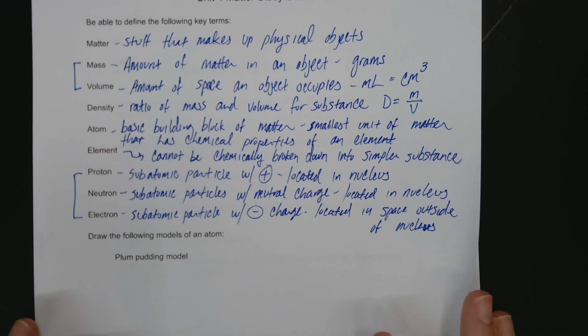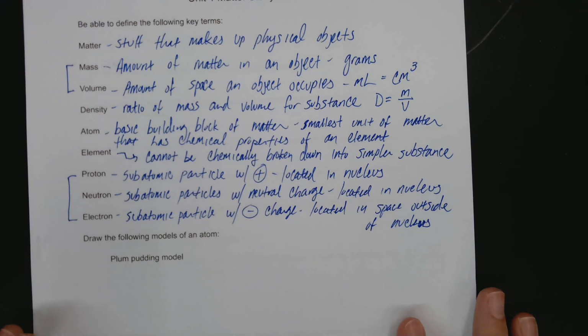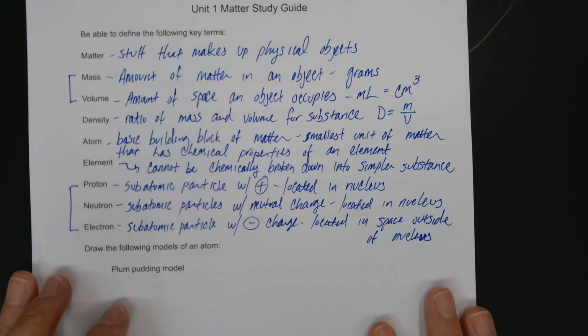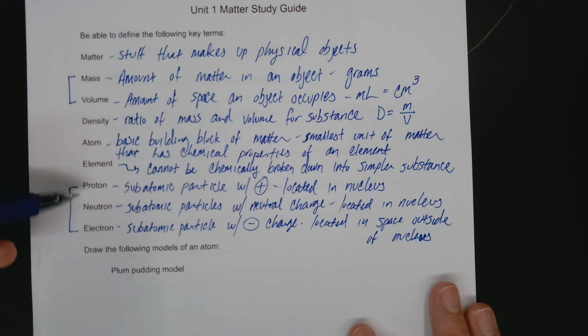So I know that that's a lot of definitions and this looks kind of crowded, but a lot of these things you should be at least familiar with, that you've seen them in the past. A major focus of the rest of the course is going to be looking at how protons, neutrons, and electrons behave in atoms and different elements, and how they dictate how matter interacts, or how certain types of elements interact with others.